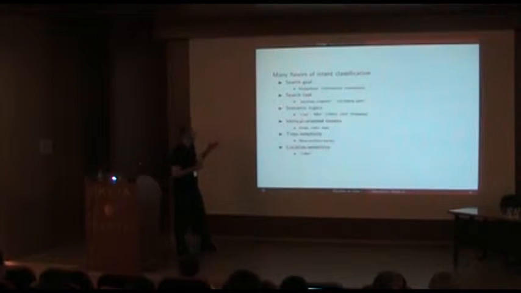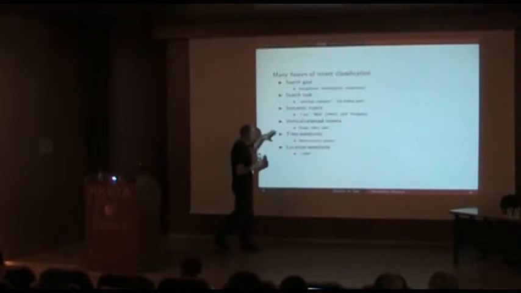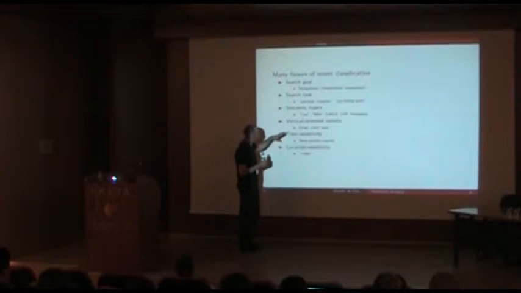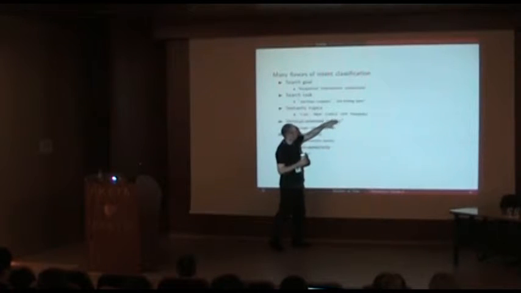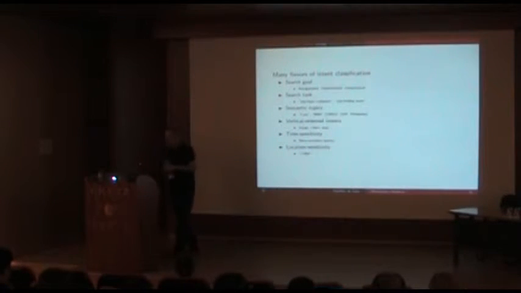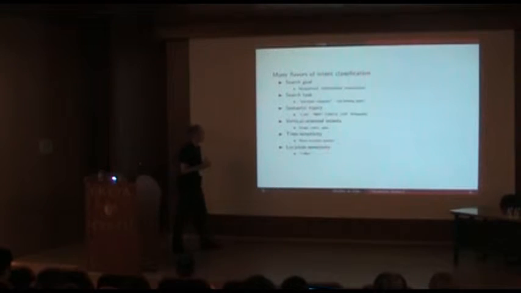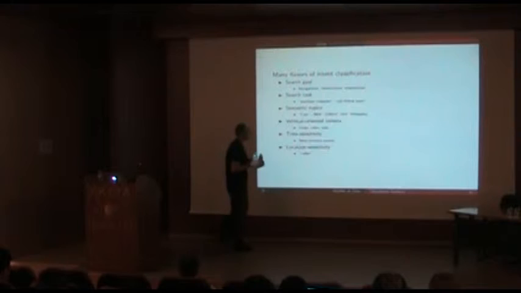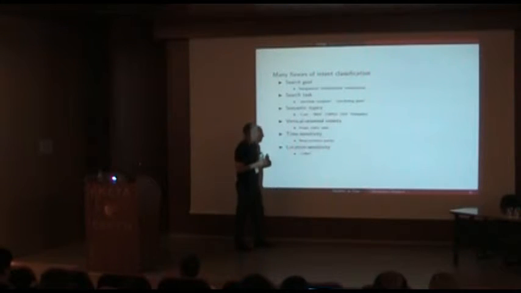Other intent classification work looks at more semantic topics based on a hierarchy that the engine might have, for instance, Wikipedia or DMOZ, the Open Directory Project, and then tries to assign categories, topics from these hierarchies to the query. Those could be all over the place.